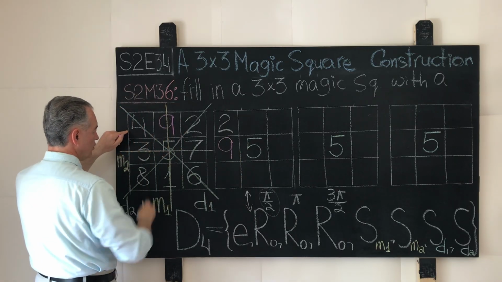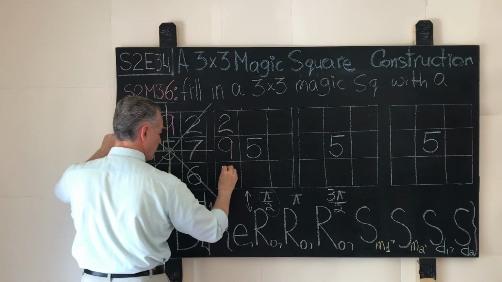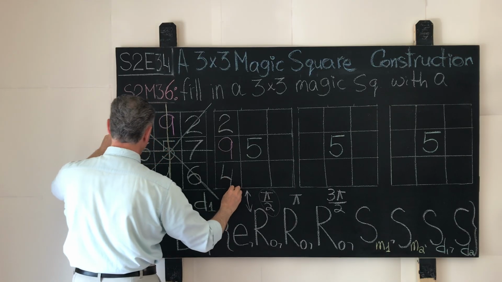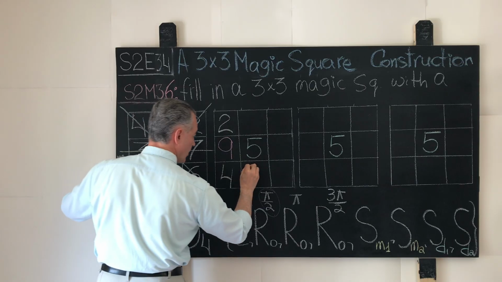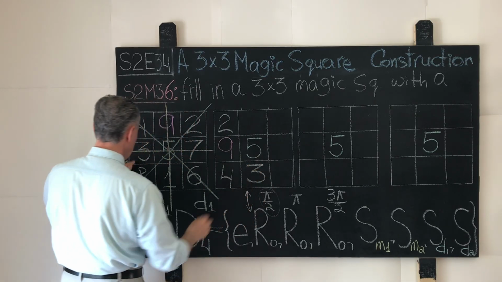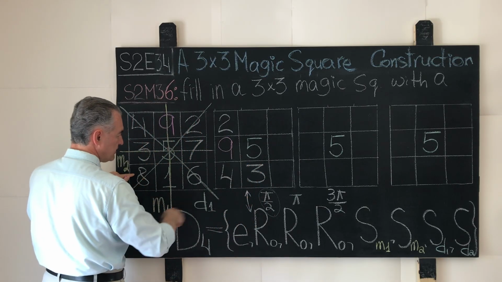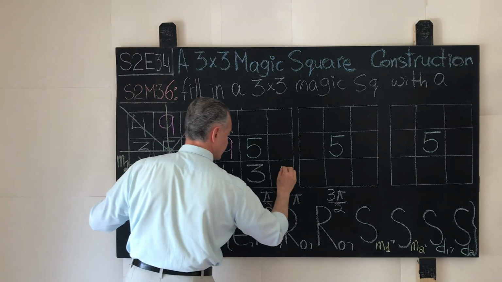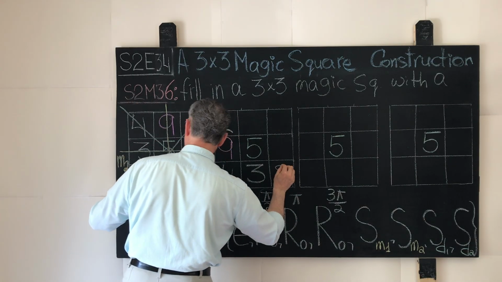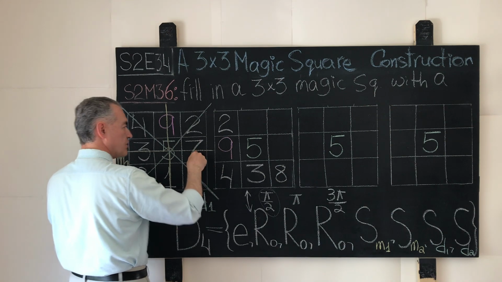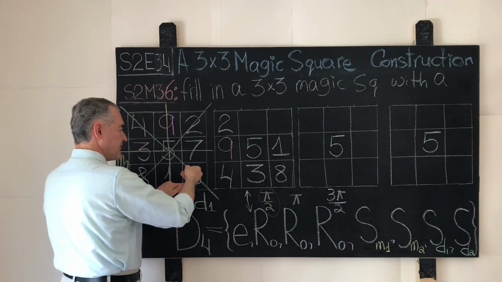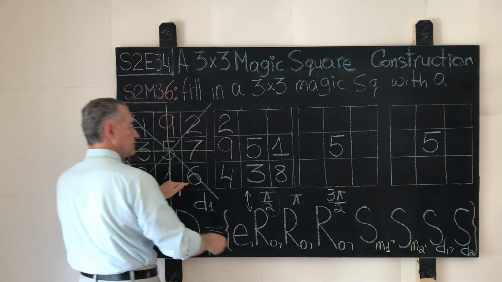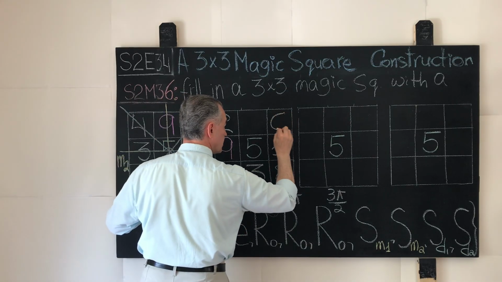What about number 4? Number 4 will do a 90-degree jump over here. This will be 4. Number 3 will jump 90 degrees to where number 1 used to be, number 3. Number 8 will jump 90 degrees to the number 6 corner. 8. Number 1 will jump where 7 used to be. 1. What about 6? 6 will execute a 90-degree jump into where 2 used to be.